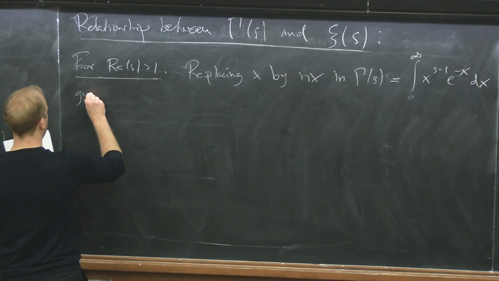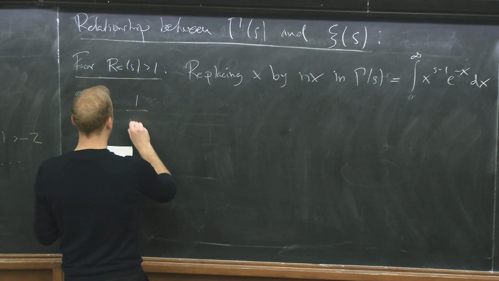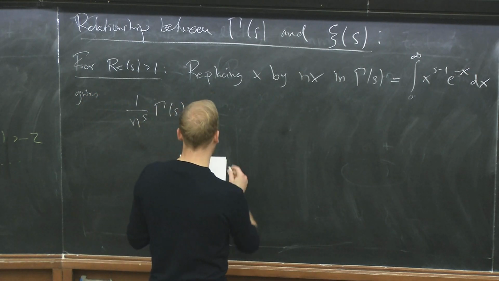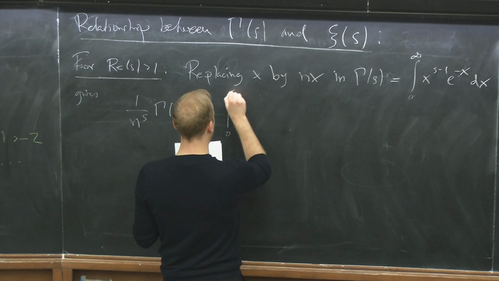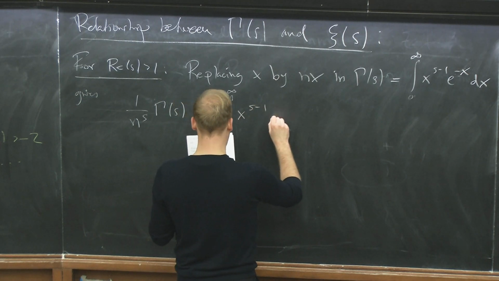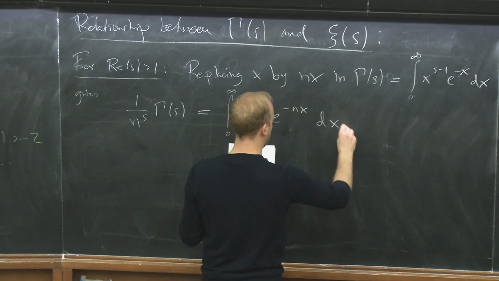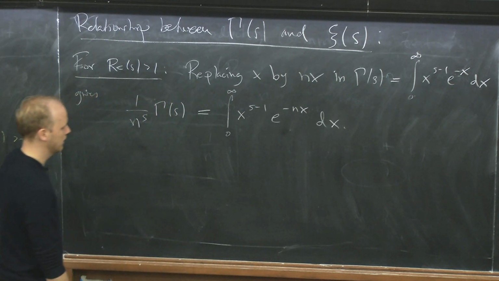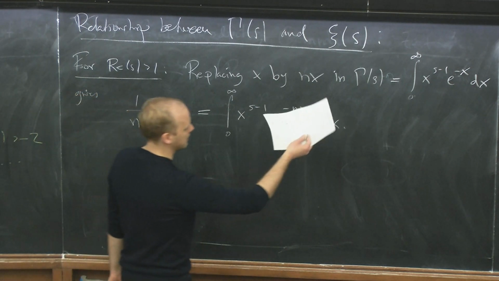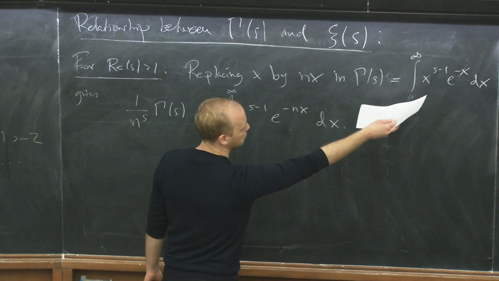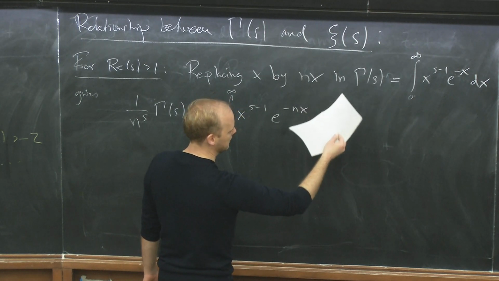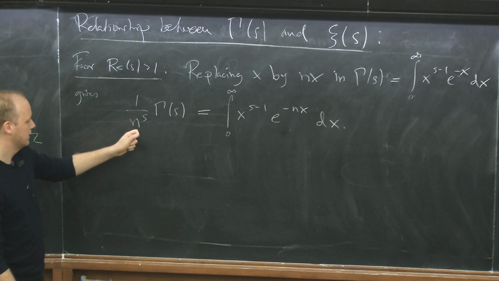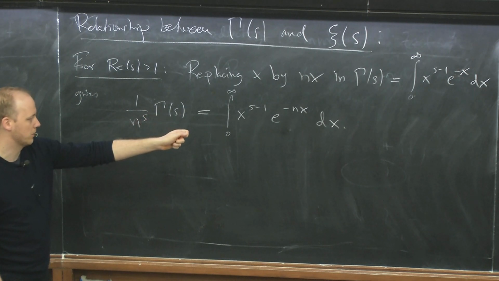So this gives the following: 1 over n to the s times gamma of s is equal to the integral from 0 to infinity. Okay, so what I'm claiming is that if you replace x by nx in this, you have this 1 over n to the s factor that comes out, and you can put it on this side. So 1 divided by n to the s times gamma of s is equal to some integral.